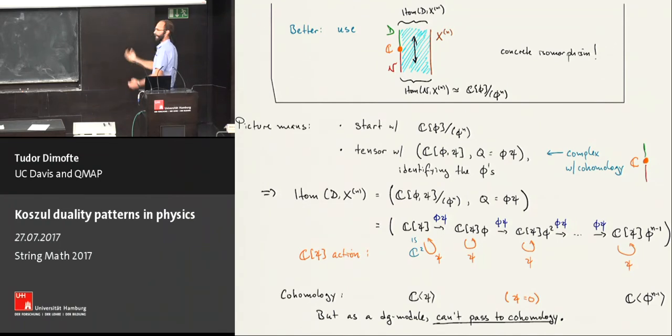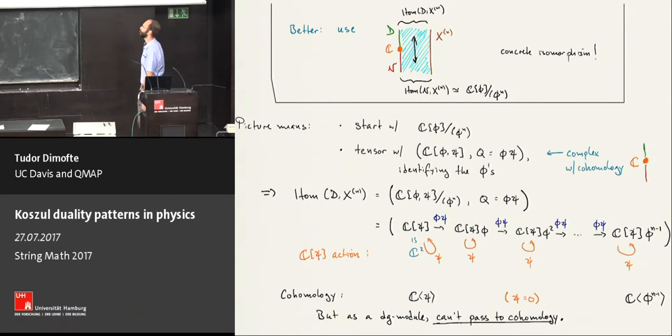Another way to say it is that there's a higher A infinity operation that sort of ties these two copies of C together. If you want to include that into the cohomology, you can just pass to the two copies of C, but you need to somehow remember that there's this action of psi around. I'll try to make that clear a little bit later.